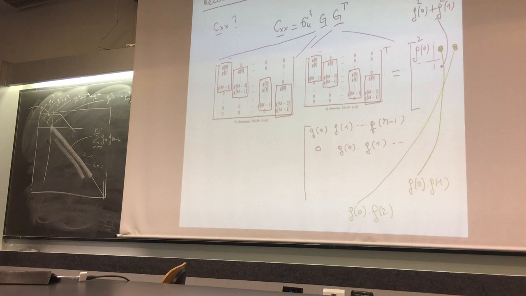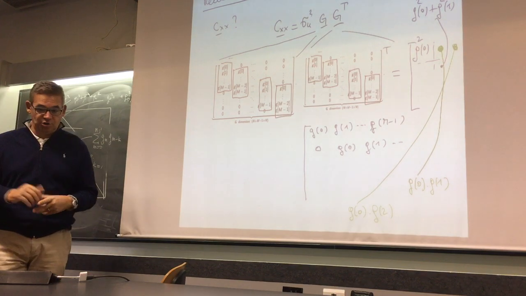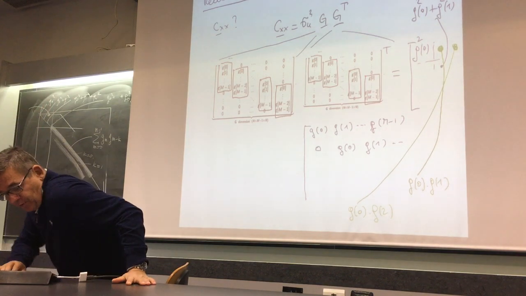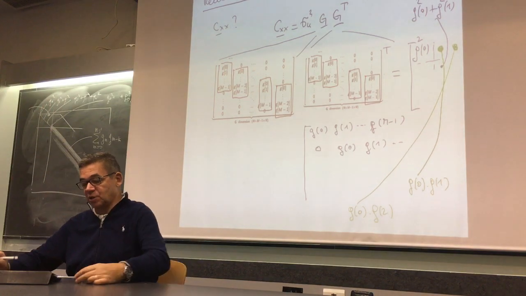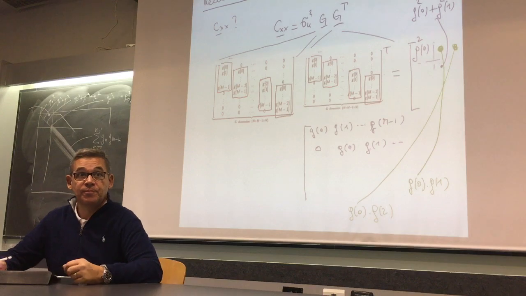So this is nothing else than a cross correlation between the two impulse responses of the filter. So this matrix G transpose G contains internally the correlation between the impulse response of the filter, which is a filtering or, in some ways, a convolving of the data.